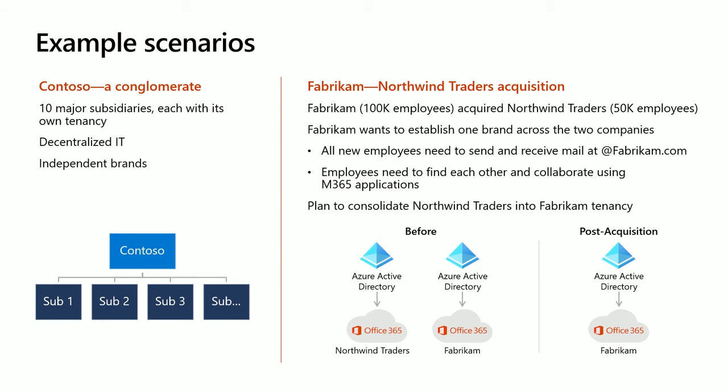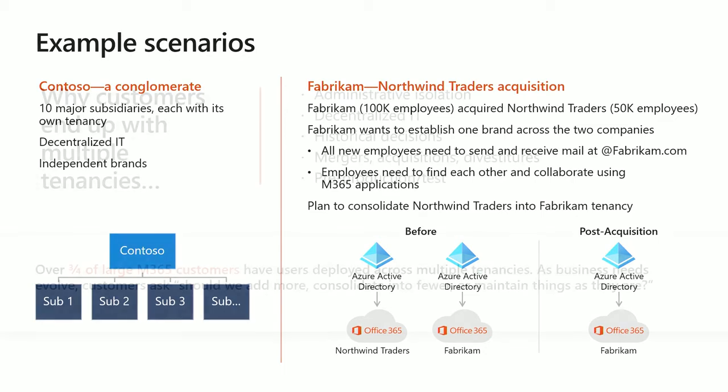There's a variety of different reasons of how they got there. And then we're also going to look at a company that is going through a merger, and they want to do a full consolidation. And there's plenty of reasons why after going through a merger you would want to consolidate, although Rob will also work through when it might make sense to stay in multiple tenants.